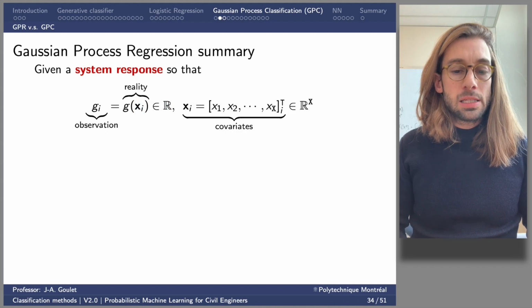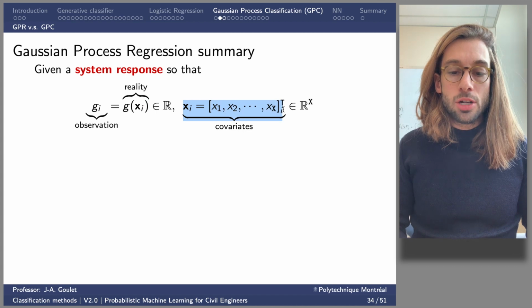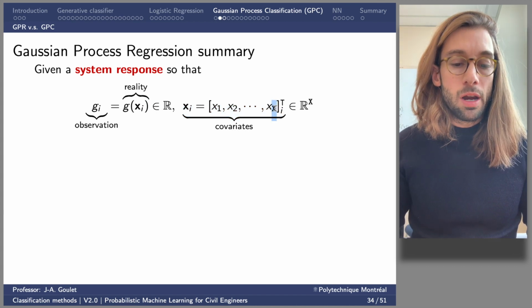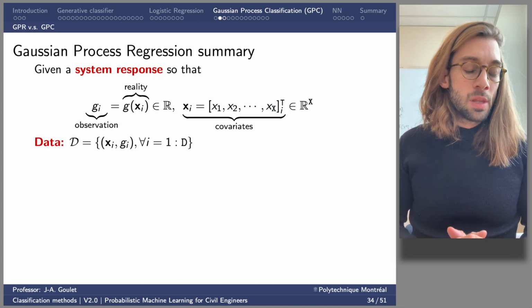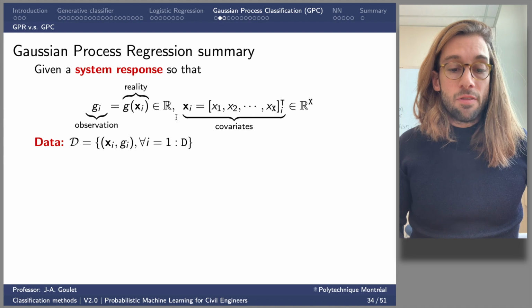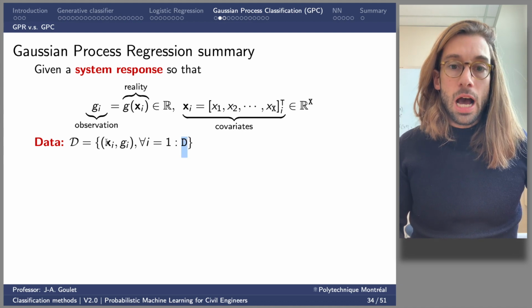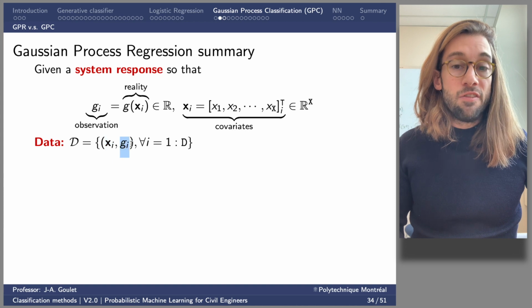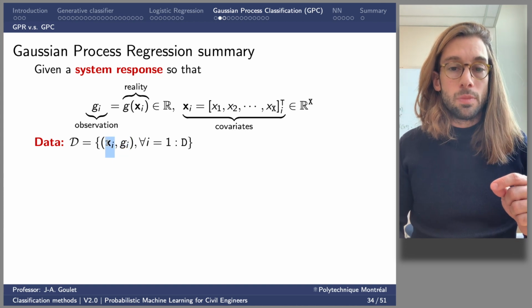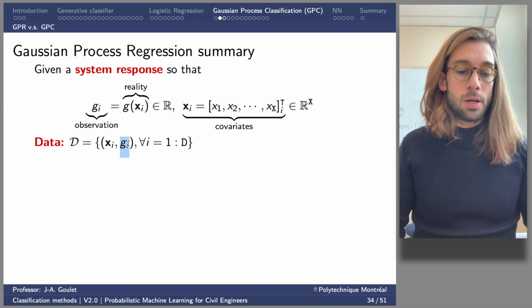And here x is a vector of covariates, which is an X-dimensional vector, where that X represents the number of covariates. Okay, so in terms of data, what I have is a set of D tuples, x_i and g_i, where x_i is a vector of X covariates, and g_i is its associated system response.